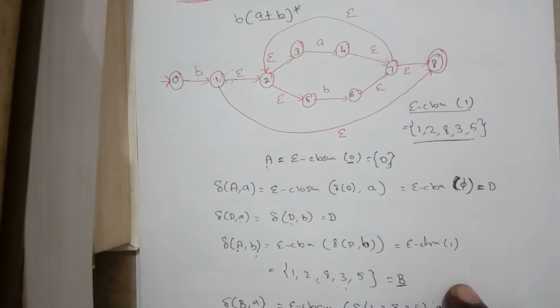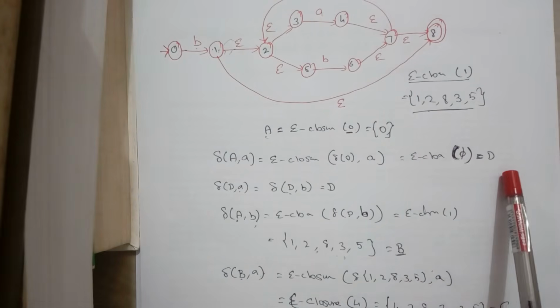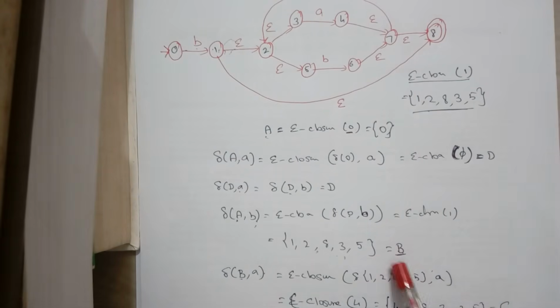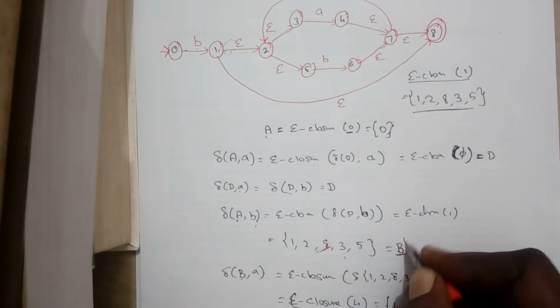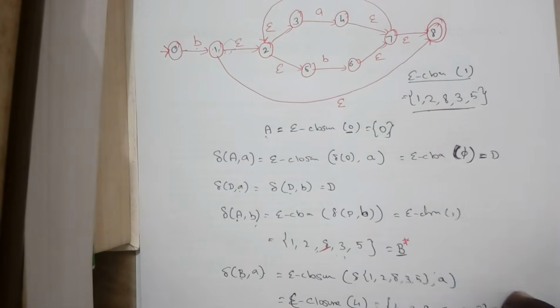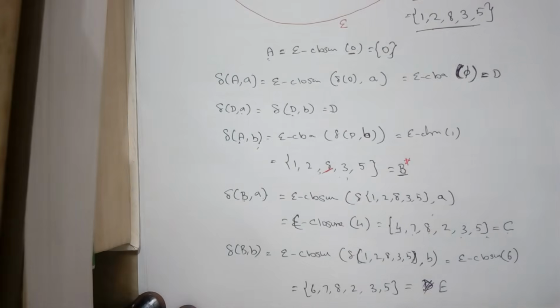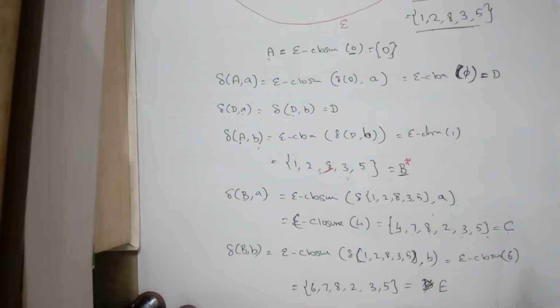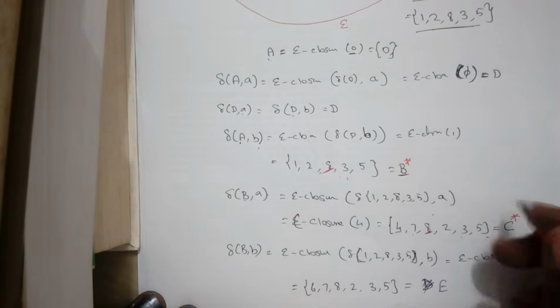So we are going to check each and every state of the DFA. A is assigned with 0 and D, it doesn't have the state 8, and B has some set of states where 8 is included. So we can consider B as a final state. In an NFA or DFA we can have any number of final states, so we check C. State C contains 8 inside, so C can also act as a final state.